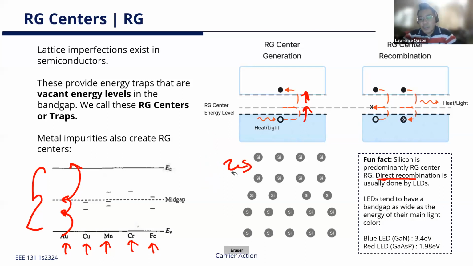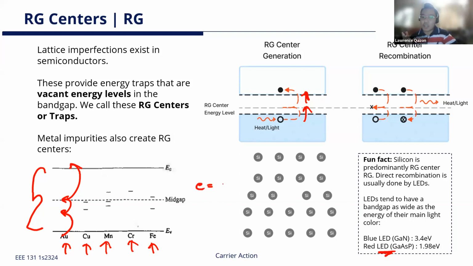But essentially, since the band gap for these semiconductors, these two at the bottom, is exactly equal to the energy content of the light.